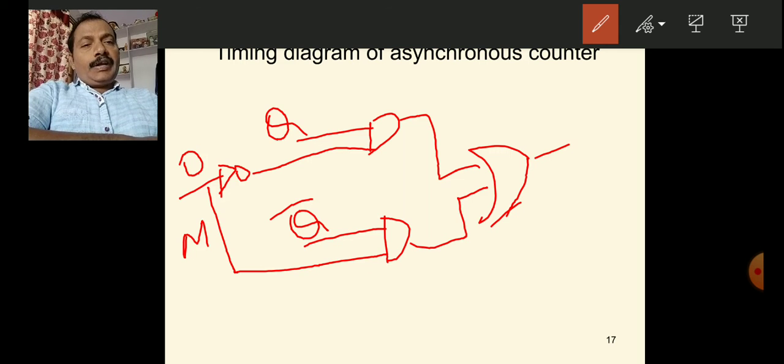The output of the NOT gate is 1. That means this AND gate is enabled. Hence, the output of this AND gate is Q.